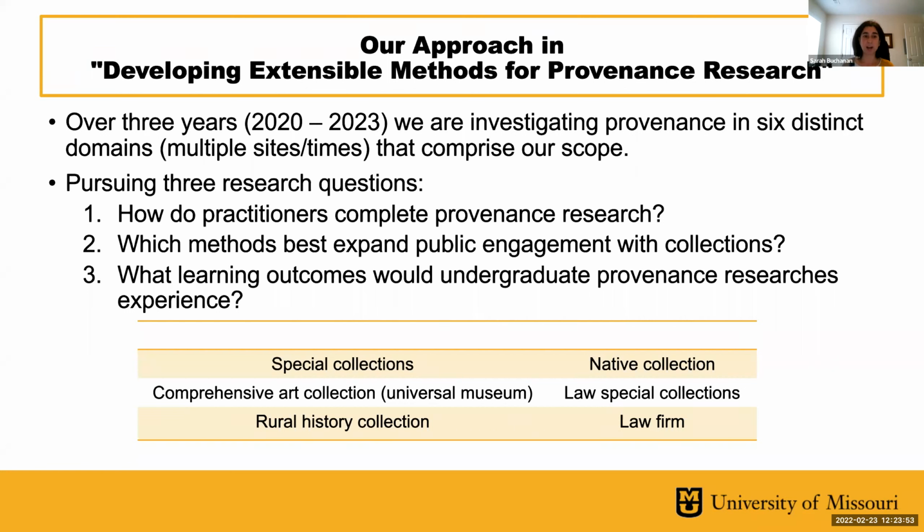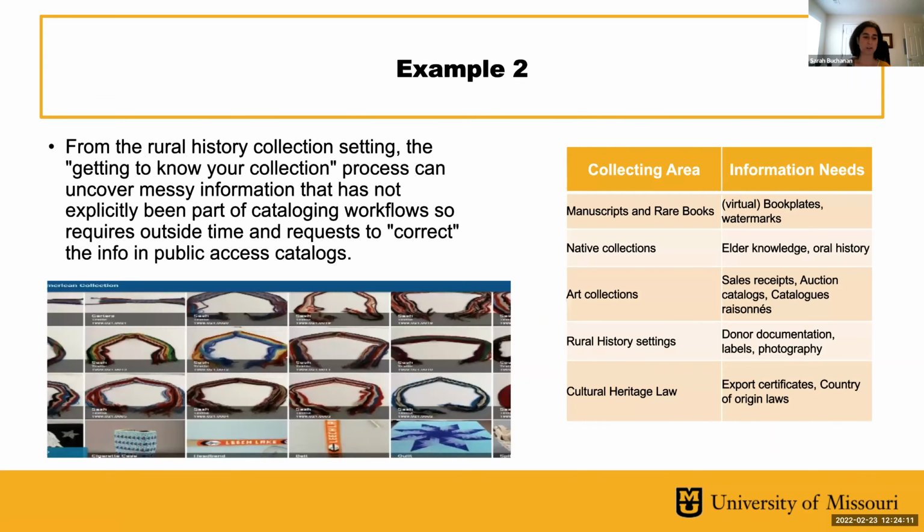So for reasons of time and scope, we won't be able to go into detail for all of these, but next I am going to provide an example from one of them. Certainly all three of these research questions underpin some of what you're hearing from us today, but next here's an example for the very first of the research questions.